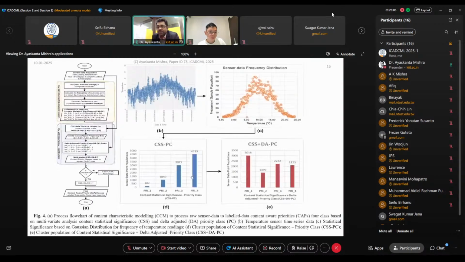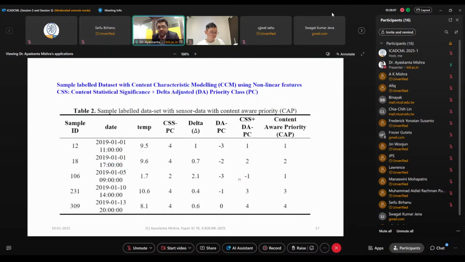And finally, based on this labeled data, this is how a sample data set will look after applying the content characteristic modeling. We have the date, we have the temperature readings, we have the content statistical significance data, then we have the delta, that means the difference between the adjacent samples, and this is the priority class based on the delta adjustment. And finally, there is a point to be noted here.